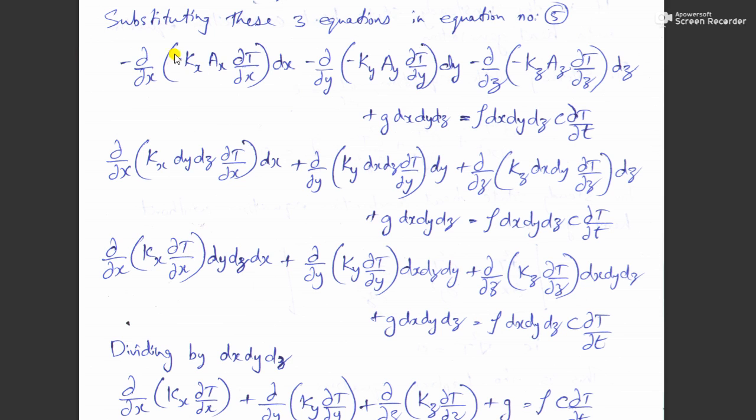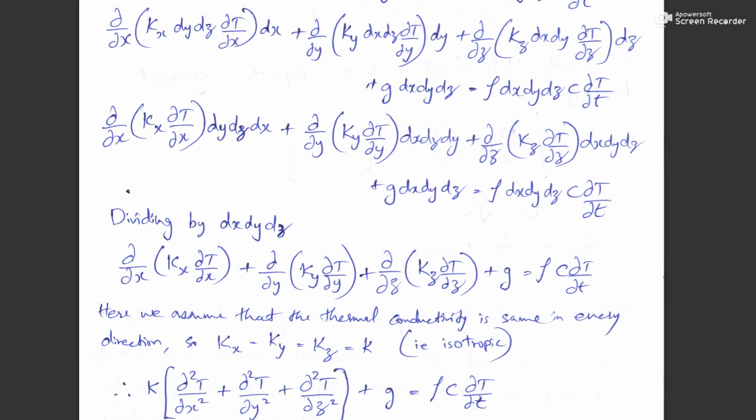Now we just rearrange these equations and take dx, dy and dz out of the equation. On every term there is a factor dx, dy and dz, so by dividing all the terms with dx, dy, dz, we cancel all of them.